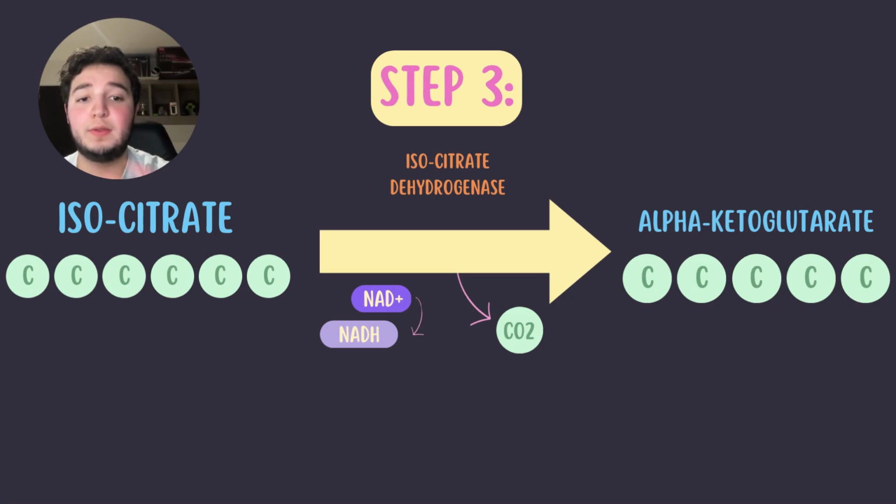And as you can see, the molecule of alpha-ketoglutarate is only a 5-carbon molecule instead of the 6 carbons that isocitrate has. So the sixth carbon was lost in the process in the form of a molecule of CO2, which you can see on the arrow here.